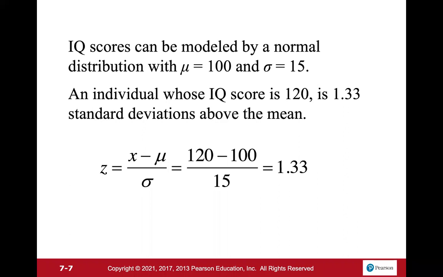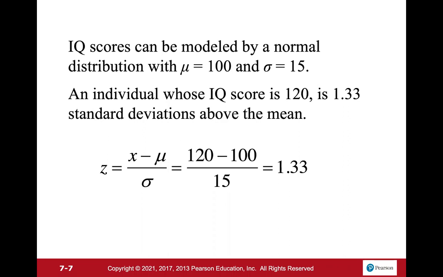Let's look at this. IQ scores can be modeled by a normal distribution with a mean of 100 and a standard deviation of 15. An individual whose score is 120 has a z-score of 1.33. The way they did that is they just plugged it in.